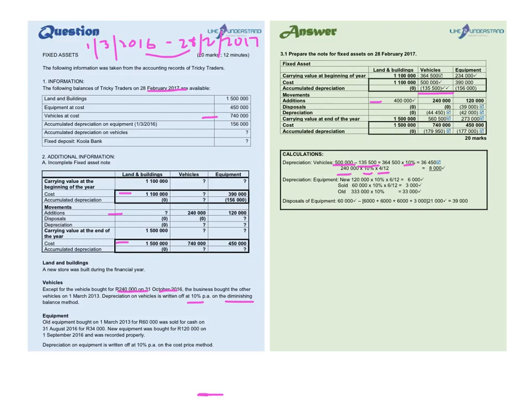We'll add the 8,000 and the 36,450 together to determine the total amount that we have to record as depreciation. The cost price of 500,000 plus the 240,000 that we purchased during the year will give me the closing balance of 740,000.